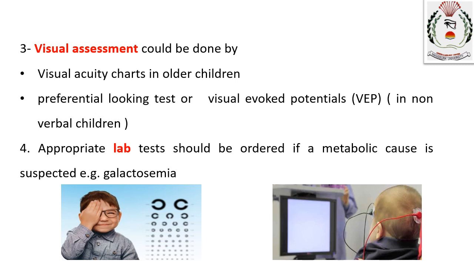But in younger, non-verbal children, who are not speaking and not cooperative, we can use other tests like the preferential looking test or visual evoked potential. Sometimes we need to do some lab tests on this child to exclude metabolic disease as a cause of congenital cataract, like galactosemia.